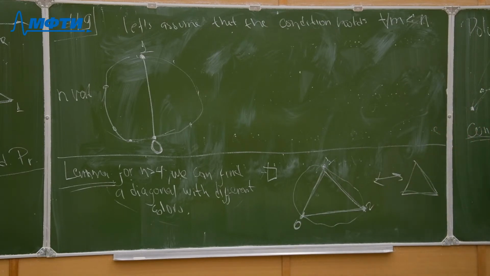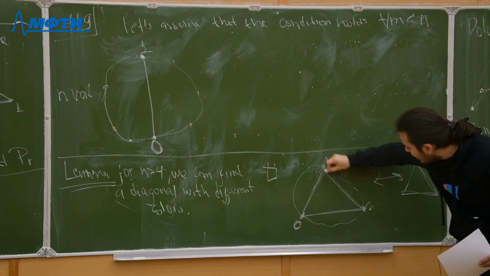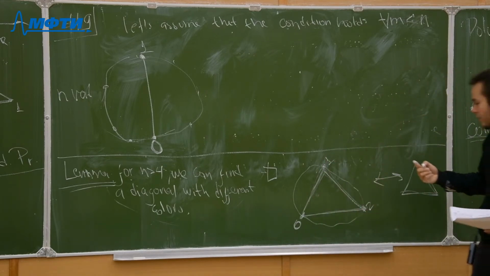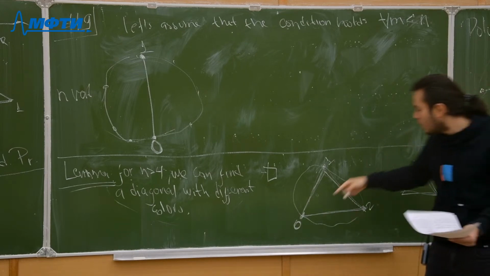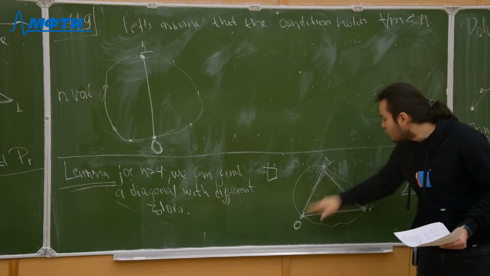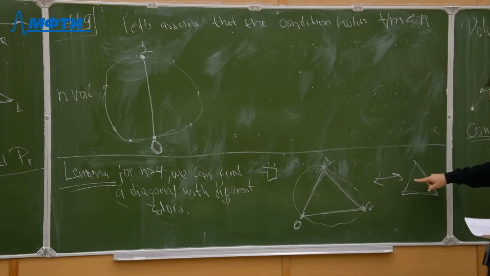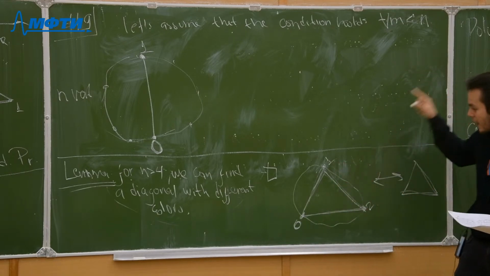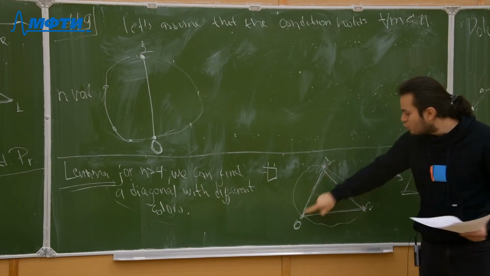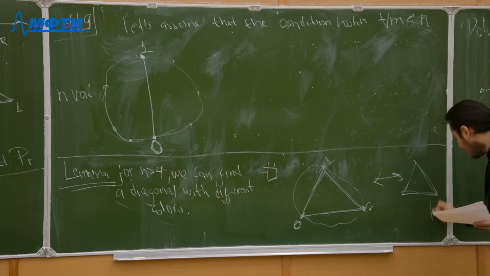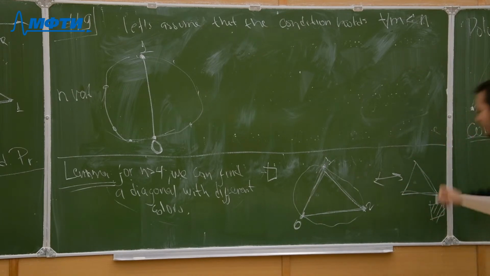Otherwise, each of these diagonals is going to be a diagonal, right? And it's going to have 2 different colors. So it means that this is true, that I can always find a diagonal with 2 different colors. And that's it. This is the proof that I can always find it.